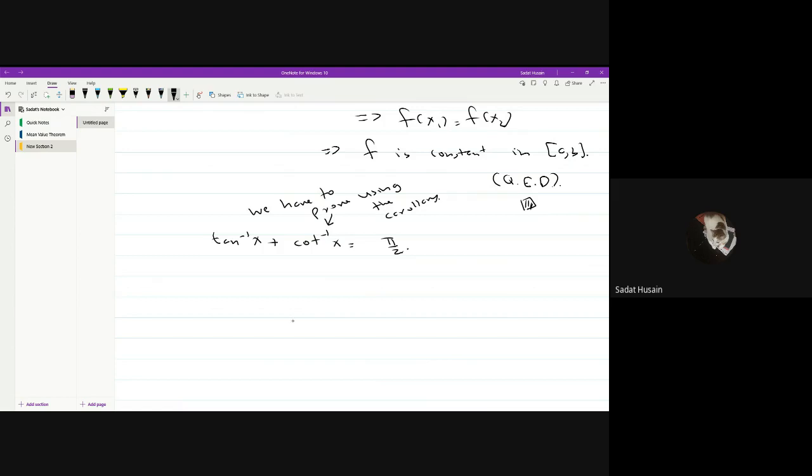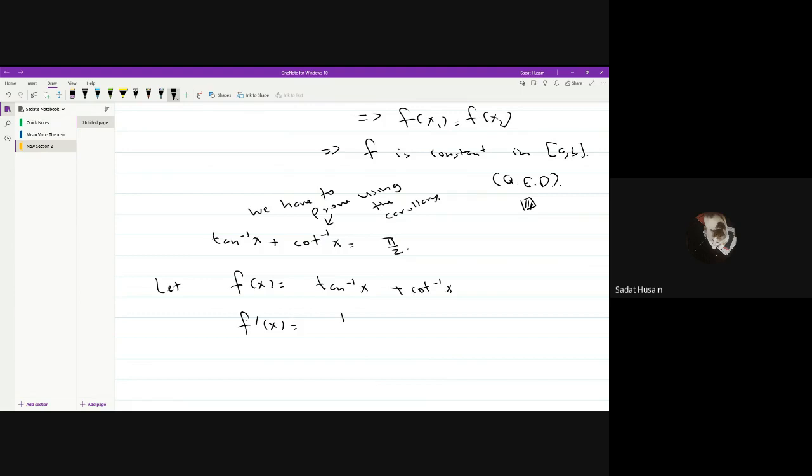Okay, so let f of x equal tan inverse x plus cot inverse x. What is f prime x equal to?